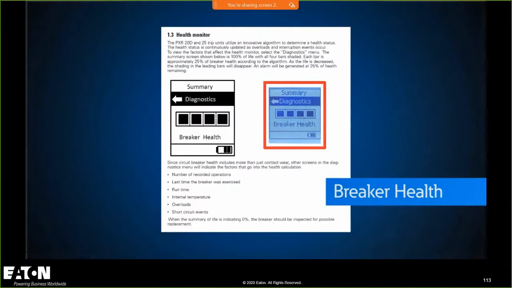All of these metrics are combined with a proprietary algorithm to provide a metric showing the health of the breaker. This metric is presented like the battery life on your cell phone, and it's also available as a percentage from 0% to 100%.